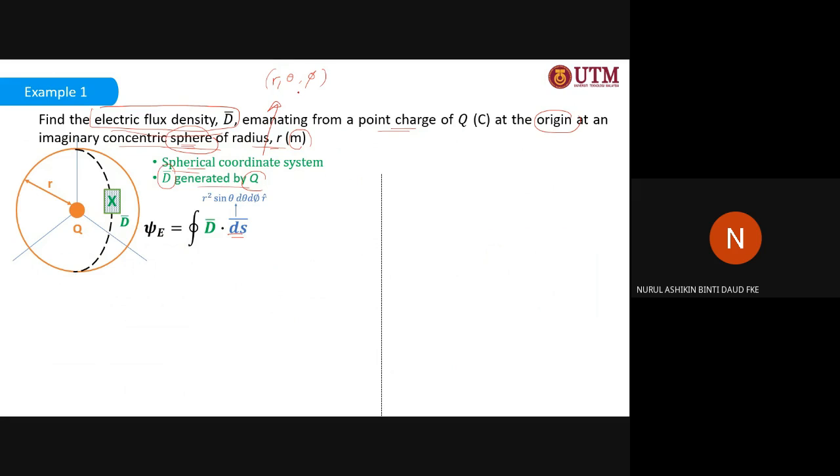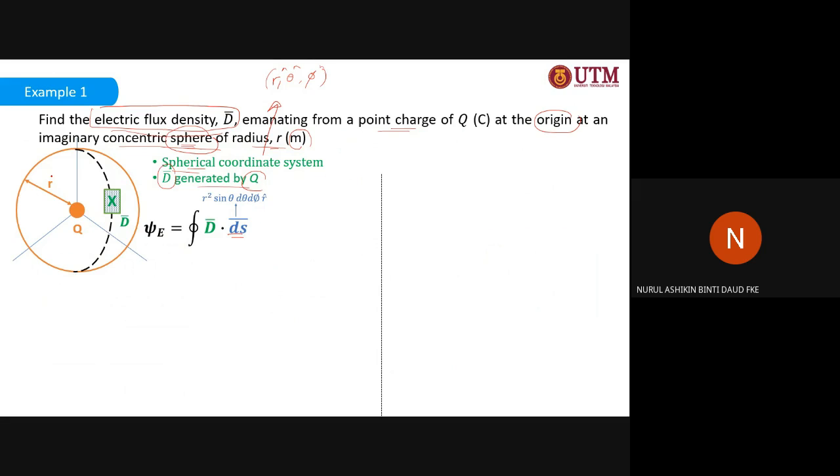If you're not sure, you can refer back to the notes or the previous lecture. So now which formula should we choose? R direction, theta direction, or phi direction?